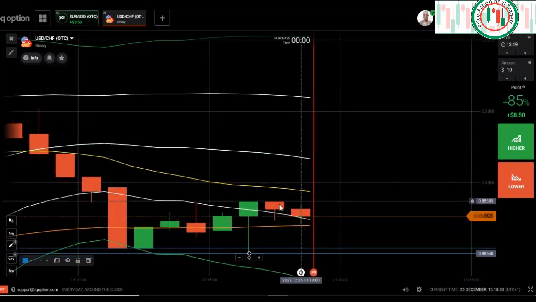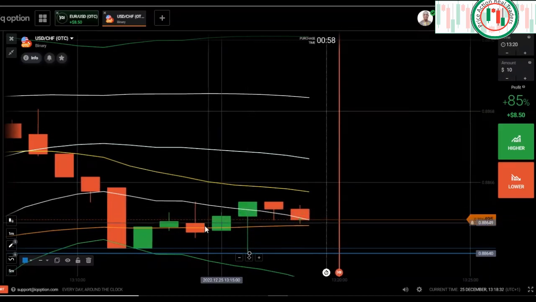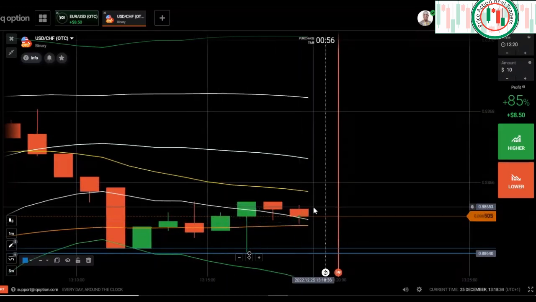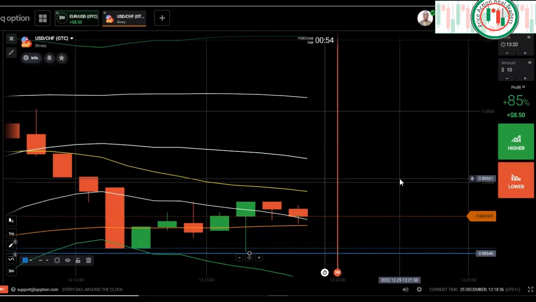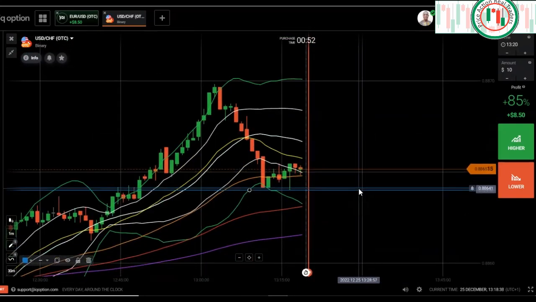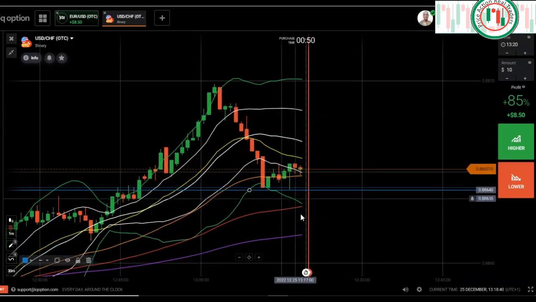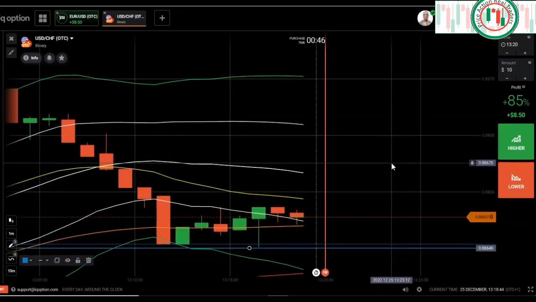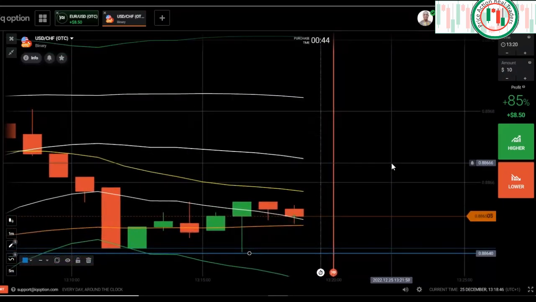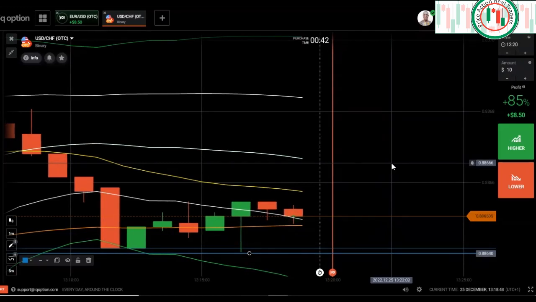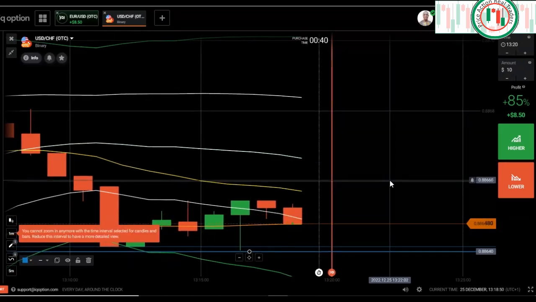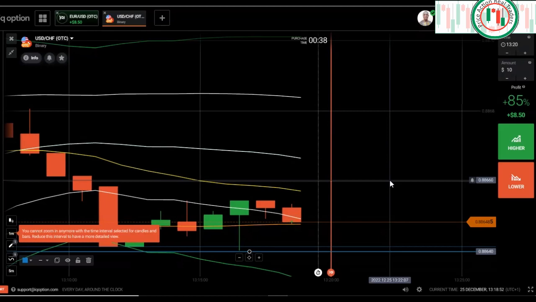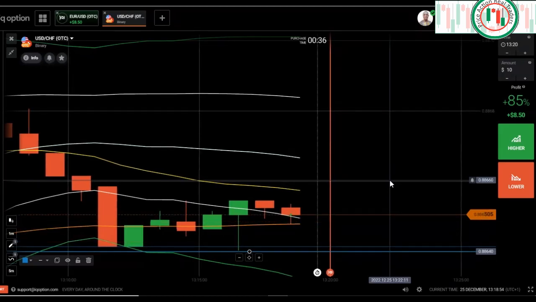So now the market is breaking. It's breaking this EMA. The market is still trying to go more down. Yes, the market is trying to go down.